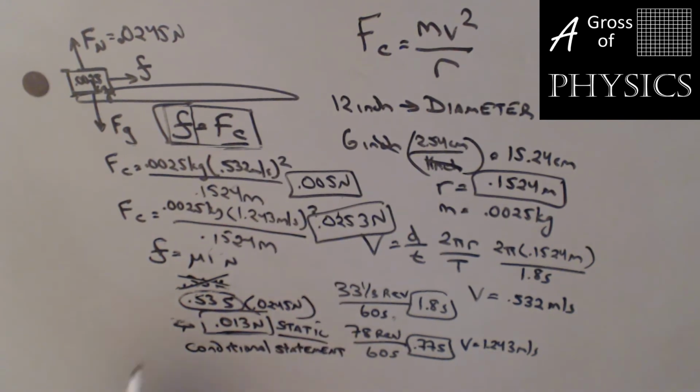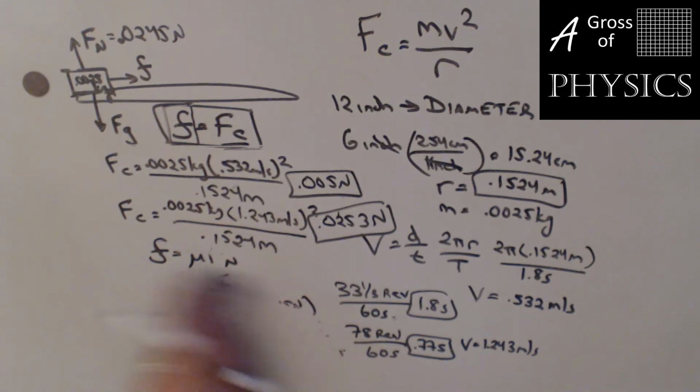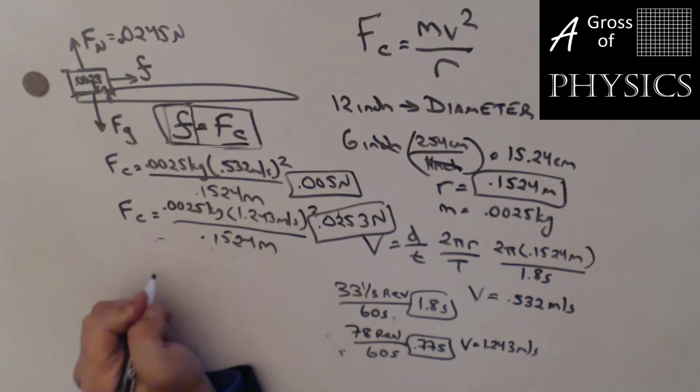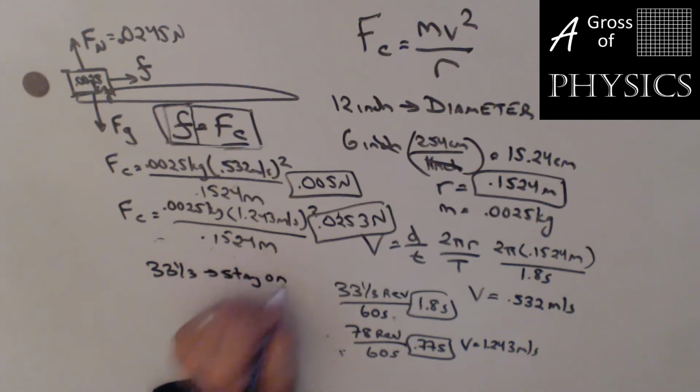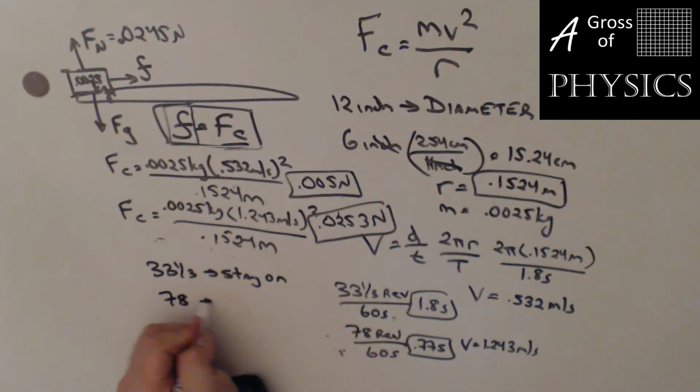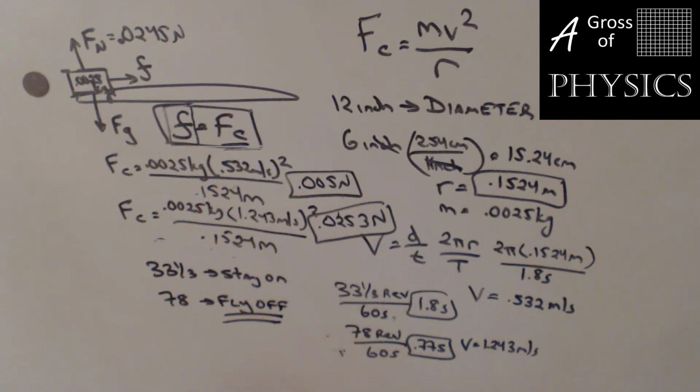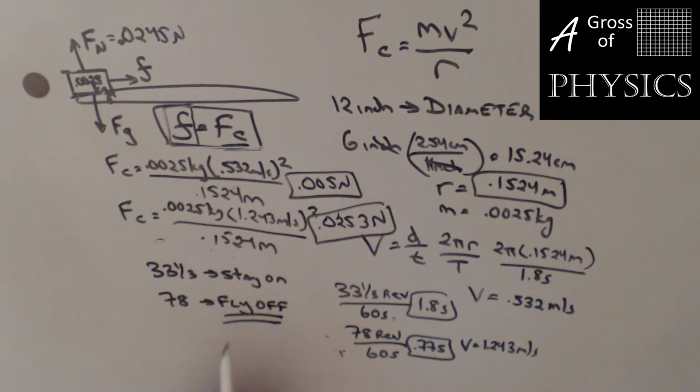So that means 33 1/3 will stay on, and then 78 will fly off, because the static friction is not large enough to overcome this centripetal force. In this case, friction needs to be that centripetal force in order to keep it on the record itself. Well, there you go. Very complex, but very interesting.